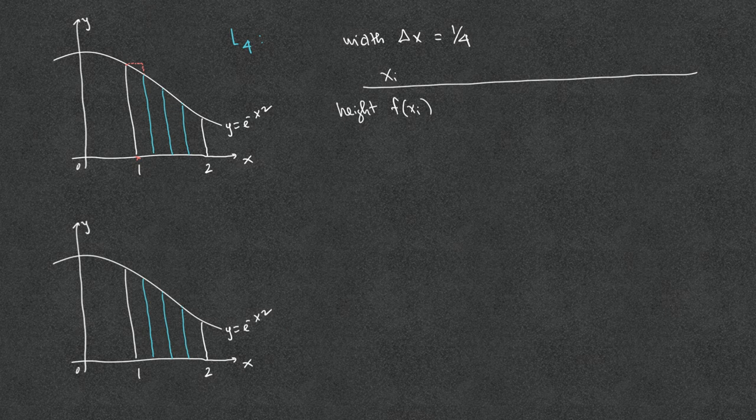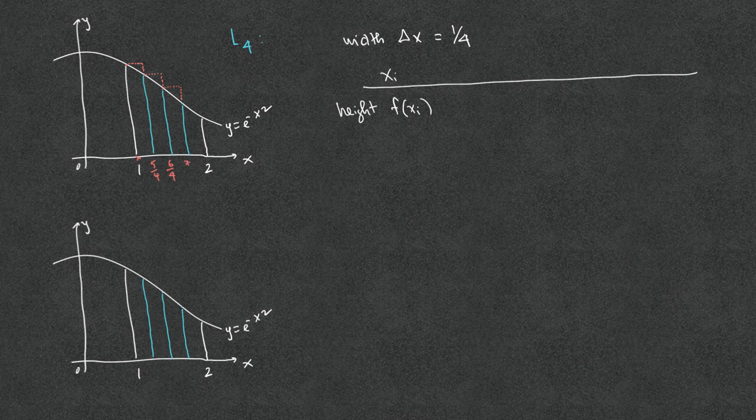In the second interval, we use the left endpoint 5 over 4, go up to the graph, and use that height to draw the rectangle. From 6 over 4 to 7 over 4, we use the left endpoint, come up to the graph to get the height, then we draw a rectangle using that height along with the width delta x.